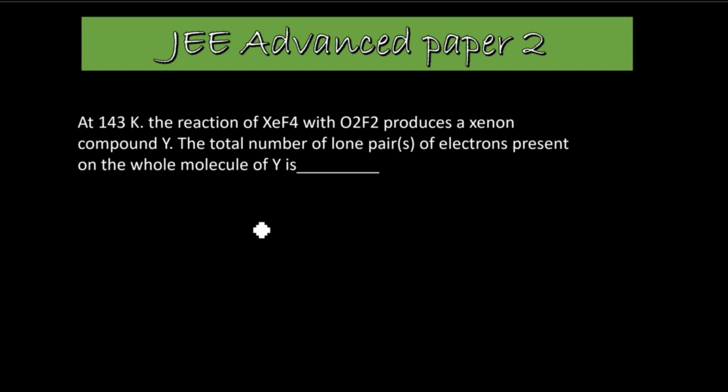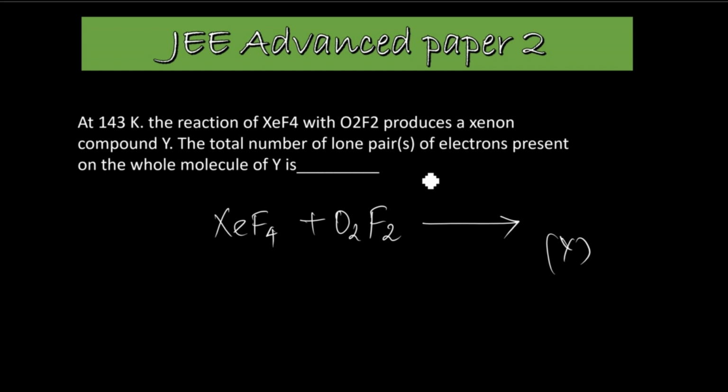Then the next question: at 143 Kelvin, the reaction of XeF4 with O2F2 produces a xenon compound. Okay. Total number of lone pairs of electrons present in the whole molecule. They are asking about the whole molecule. So if you take the bond pairs and lone pairs from the formation of XeF6, you may not get it.